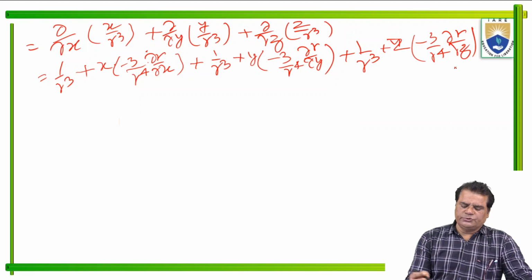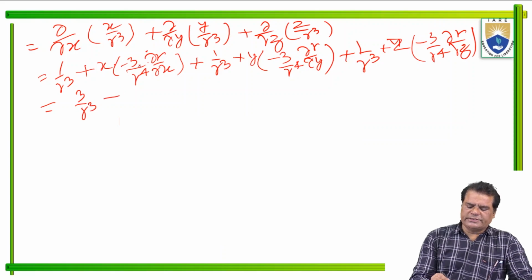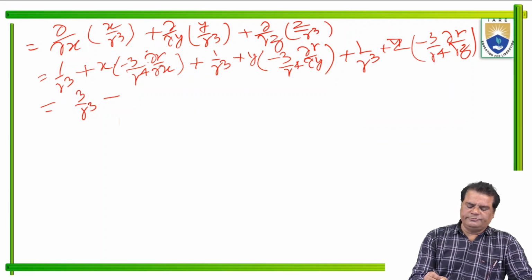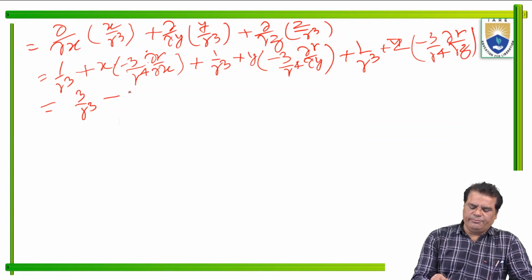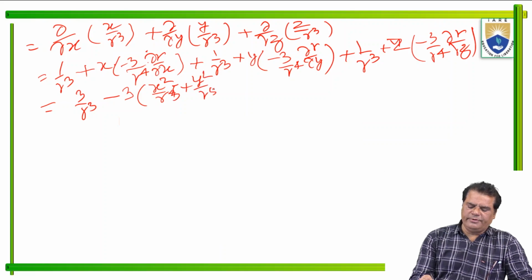So this result is 1 upon r cube, 1 upon r cube, 1 upon r cube, 3 upon r cube plus, here minus common, 3x, 3y, 3z. Here x upon r, minus 3 is common. So in this term, x upon r: x square upon r^5 plus y square upon r^5 plus z square upon r^5.